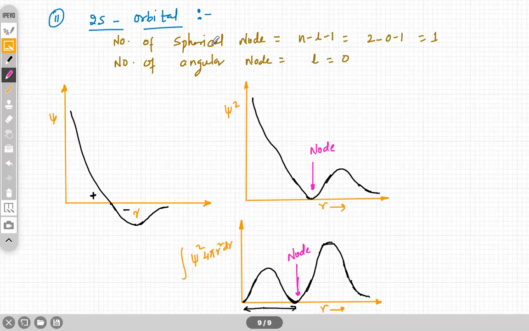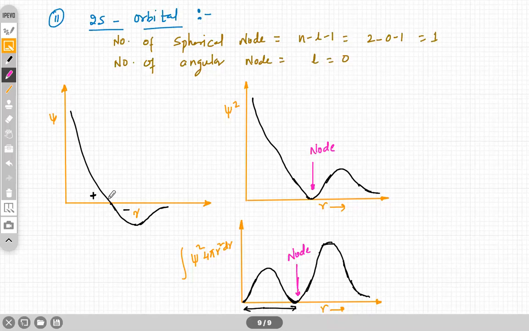Sir, I meant that shouldn't this graph touch the x-axis not only at one point, it should touch the x-axis for some time and then go up, because it should be a nodal region where the probability is 0, right? Wait, your voice is feeble. Can you talk louder?